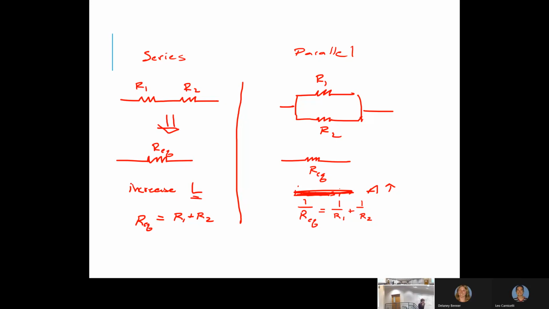I think batteries follow along with resistors. I think inductors go along with capacitors. I have to double check. No, inductors are going to follow this as well. So you can extrapolate this to other circuit elements as well. That's all I have to say about that.